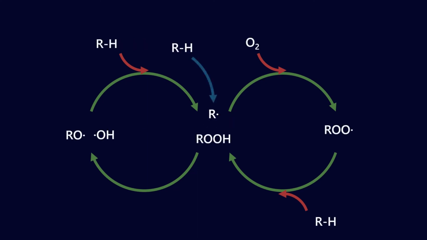And when we put it all together, this cycle is really important to understand, because this is how oxidation runaway happens in a base oil. It really feeds on itself.